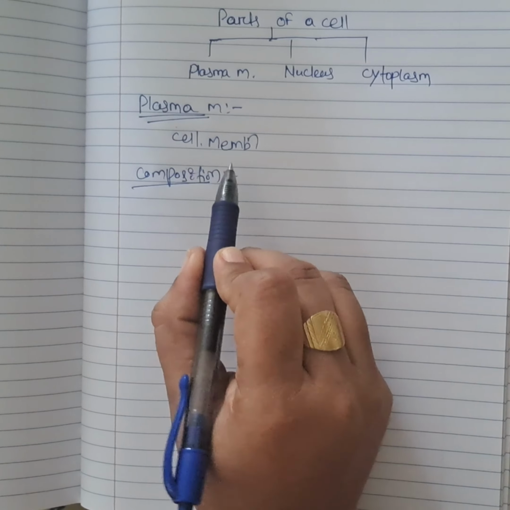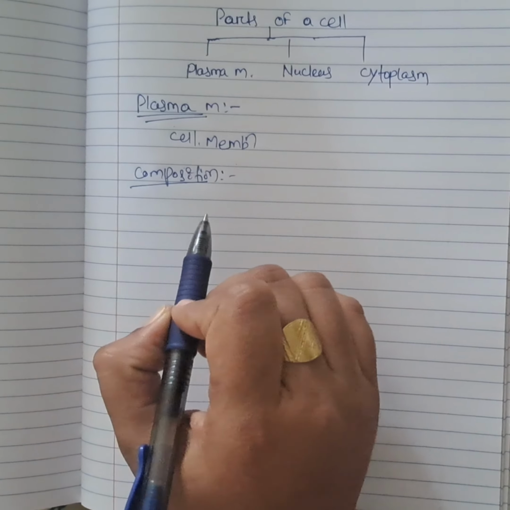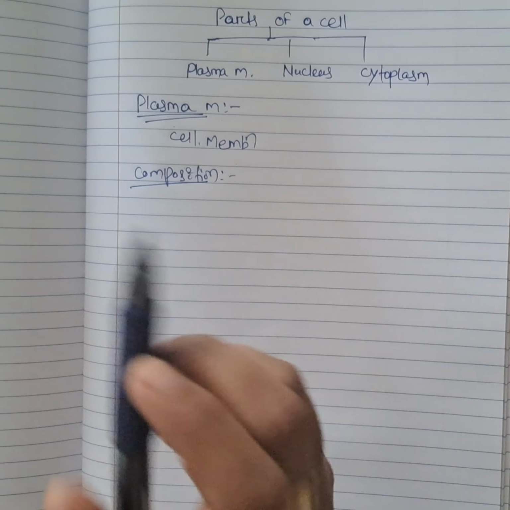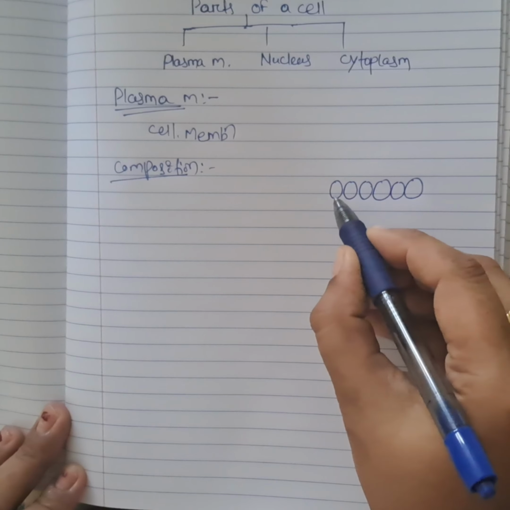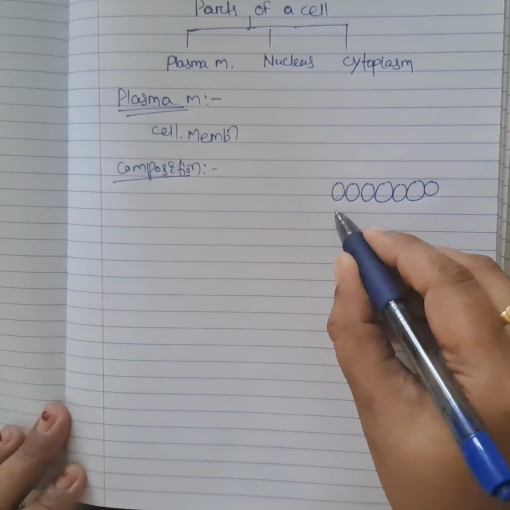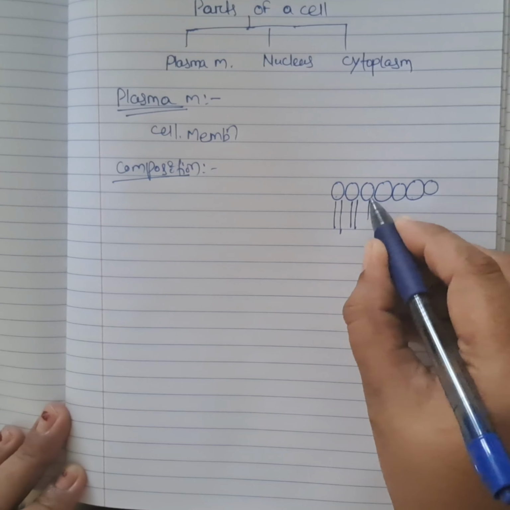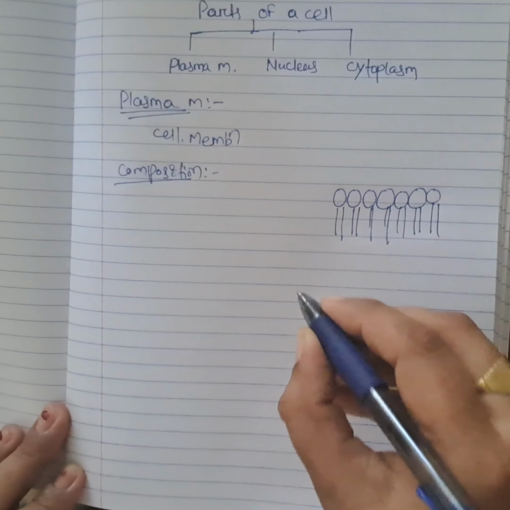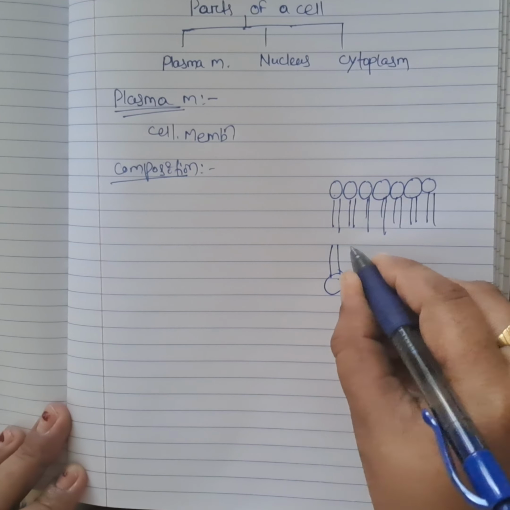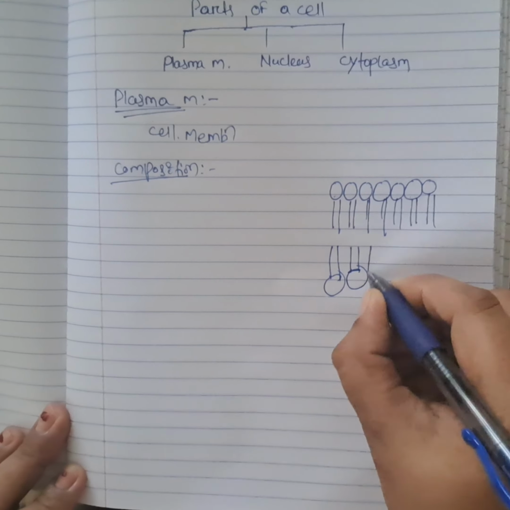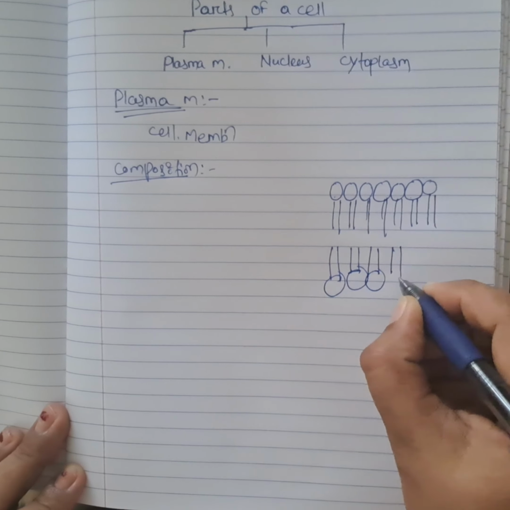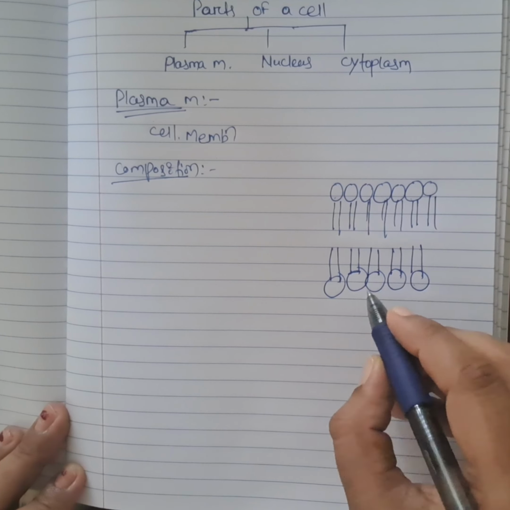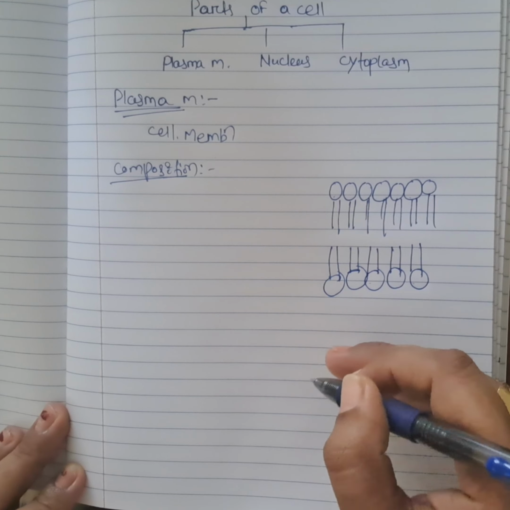A bilayer of lipid and proteins along with some carbohydrate molecules that are present at the surface of the bilayer. These are the hydrophilic heads of the lipid, which are facing outside of the plasma membrane. These are the hydrophobic tails of the lipid. These are facing the inside of the plasma membrane.